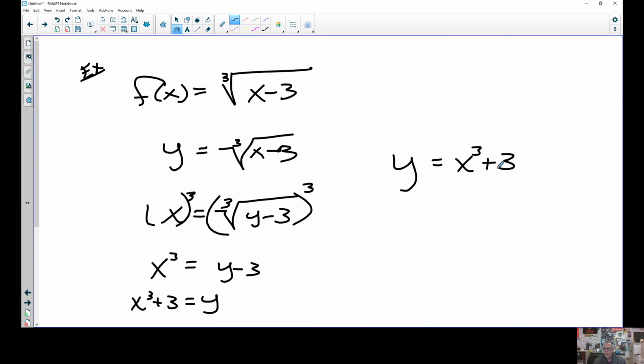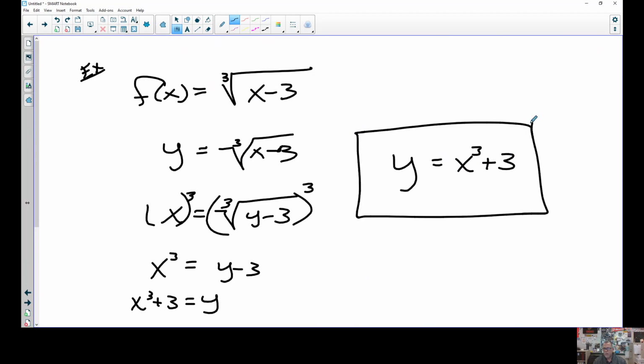So we have our inverse function. Now I said this is a function because I know something about x cubed. x cubed plus 3 goes up 3, and it has rotational symmetry about the point 0, 3.